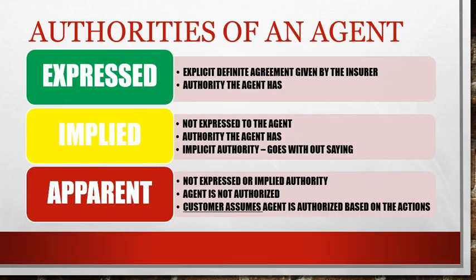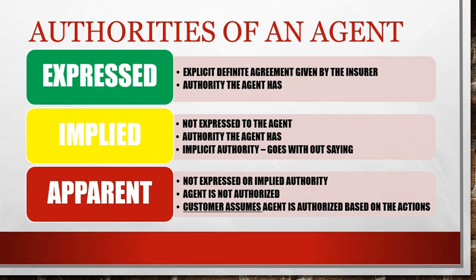So now you can understand why I color-coded green, yellow, and red. Expressed and implied are authorities that the agent has. The difference is that expressed is a written authority. It's obvious because it's straight out there for you. And implied is not written, but basically kind of goes without saying.